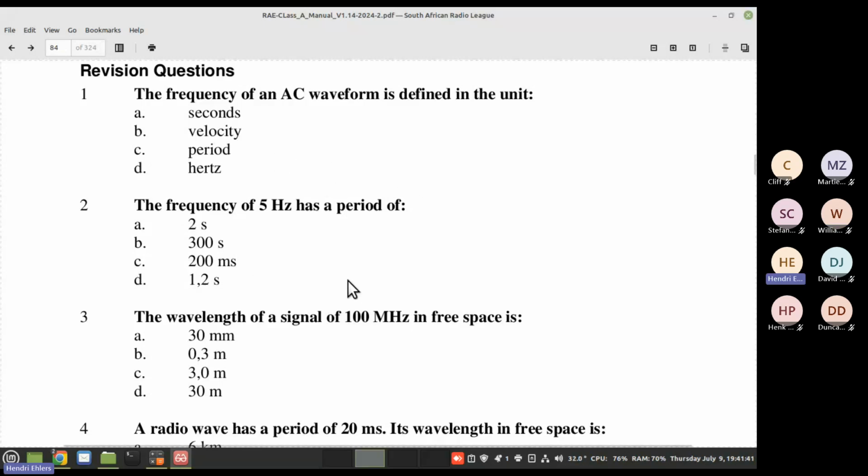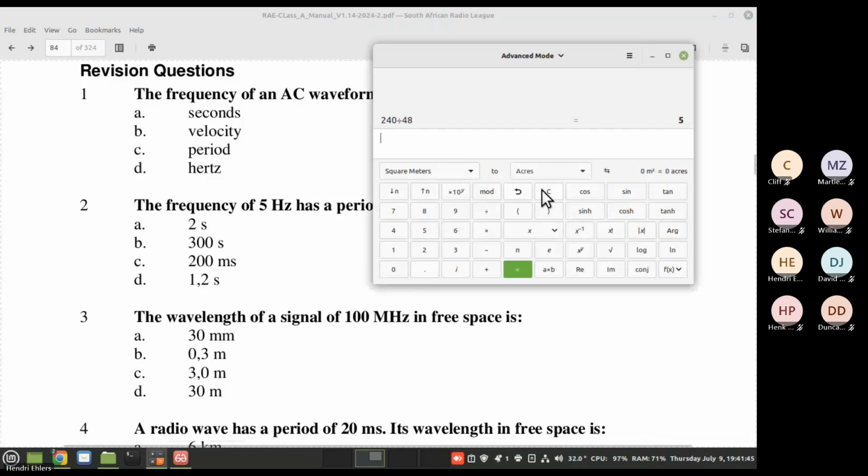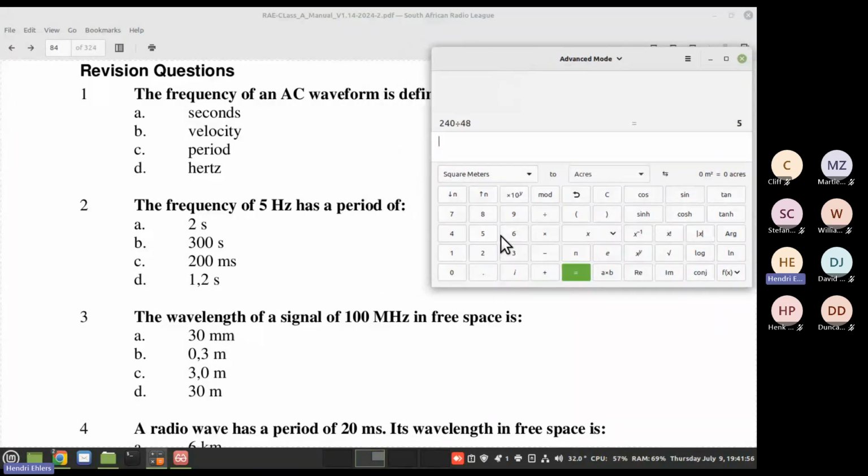But for the sake of the calculator, we'll say T equals 1 divided by F, which is the frequency. So we'll take 1 divided by 5, and that is equal to 200 milliseconds.